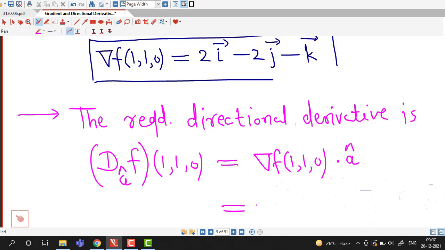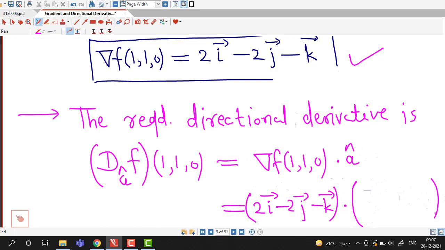Here the gradient vector is 2i minus 2j and minus k.